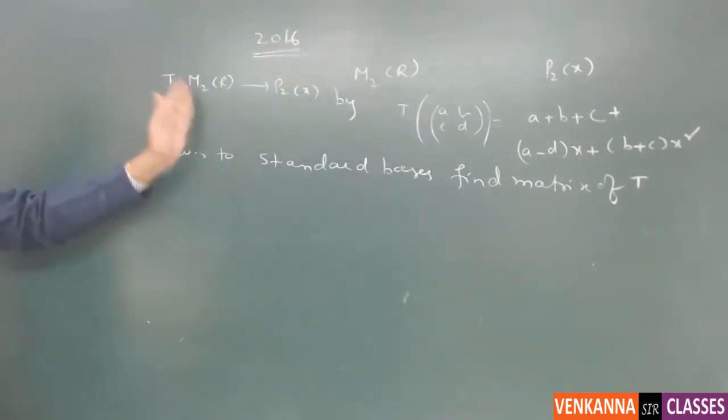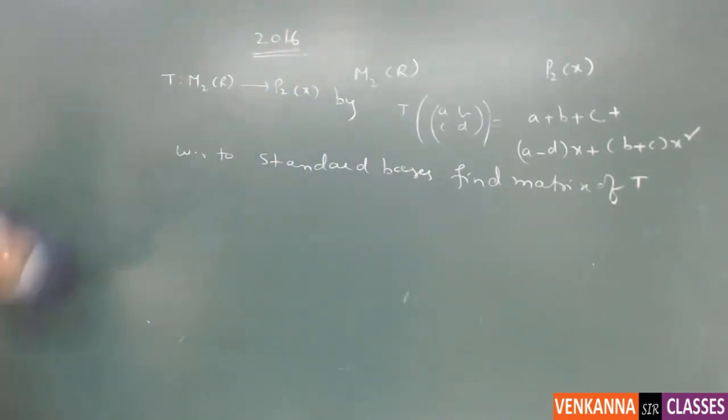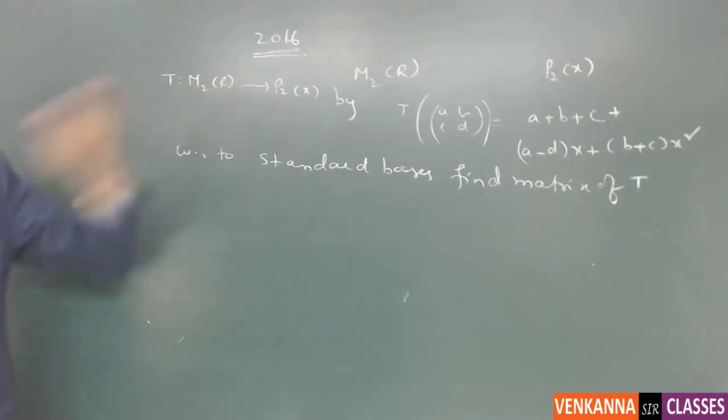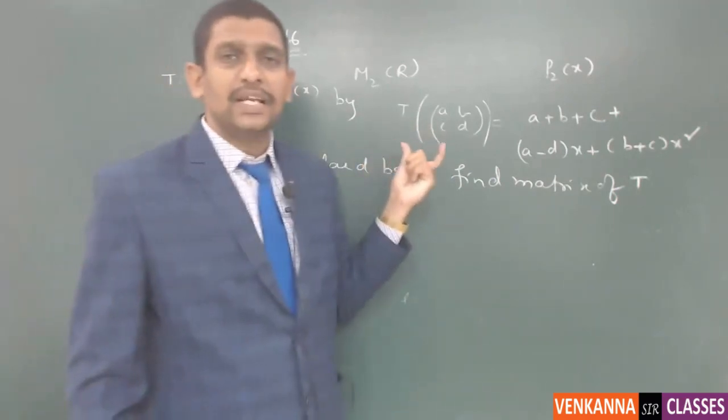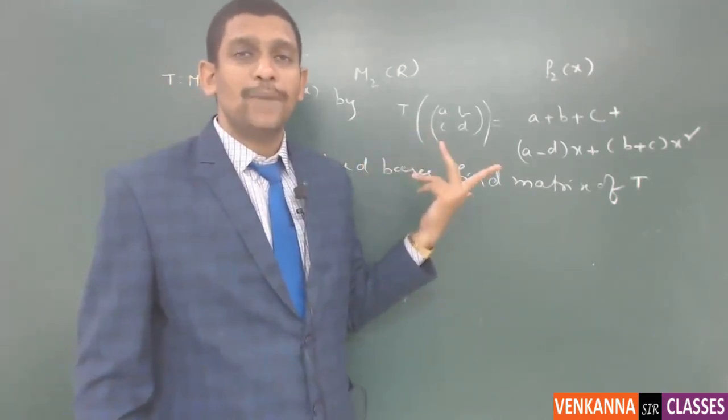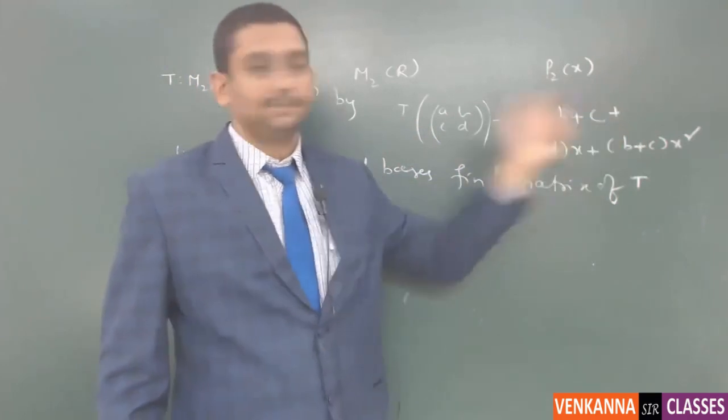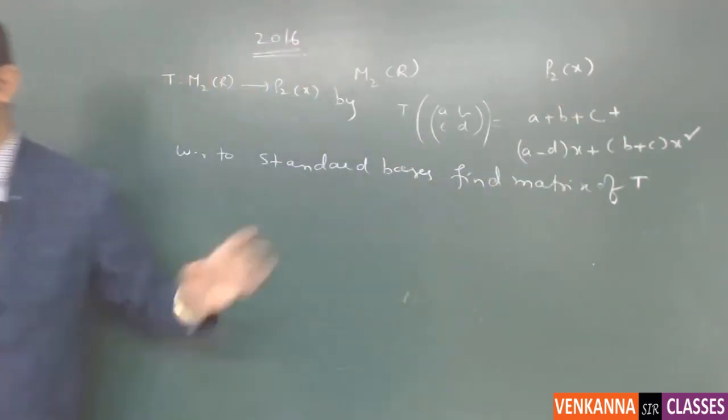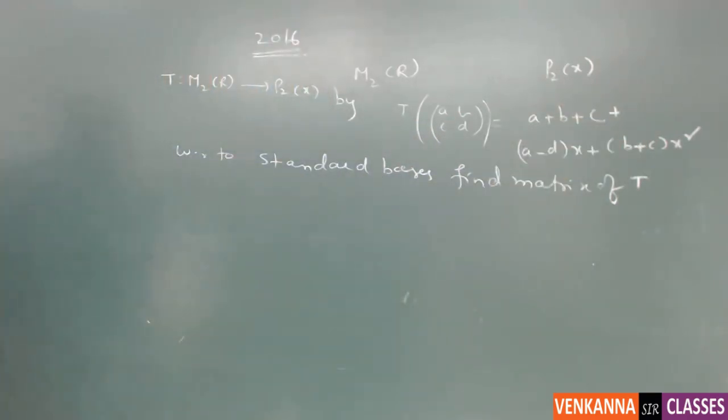So from this vector space to this vector space, I am converting a matrix in the form of a polynomial as T of [a b; c d]. Whenever I take a 2 by 2 matrix, it was written like this. Now the question is, what could be the matrix of T with respect to the standard basis? Is the question clear?